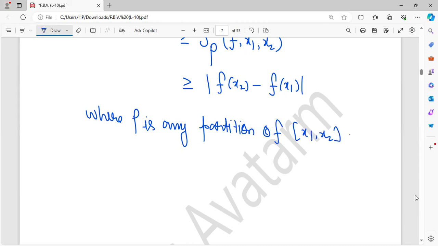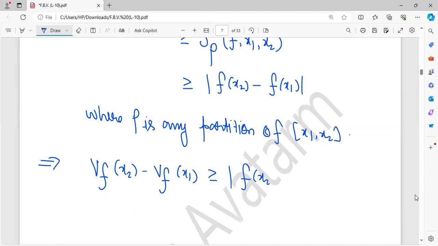So what we have, this implies V_f(x2) minus V_f(x1) is greater than or equal to the absolute value of f(x2) minus f(x1).